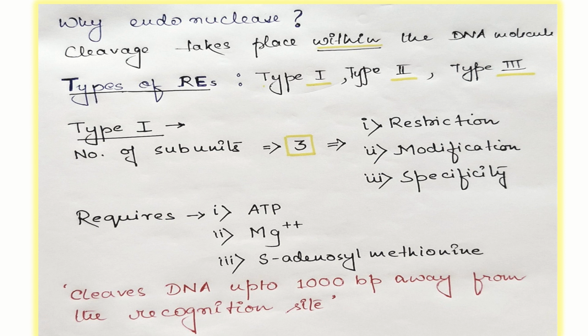Please note that it cleaves DNA up to 1000 base pairs away from the recognition site. This is a very important line because, for this particular property, this type 1 restriction endonuclease often becomes unsuitable for various recombination studies.